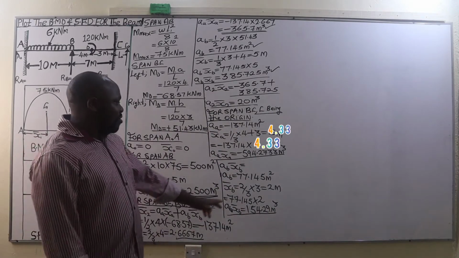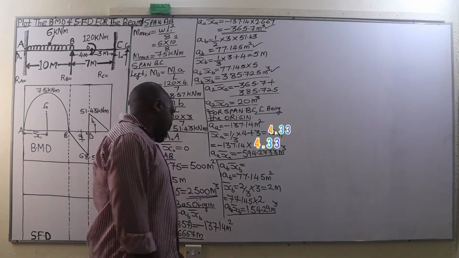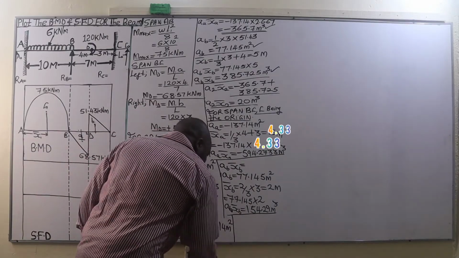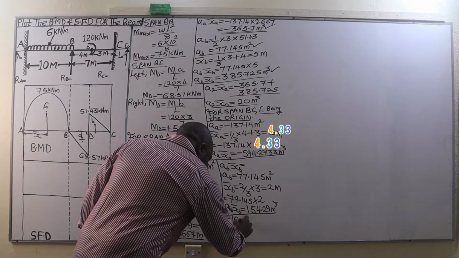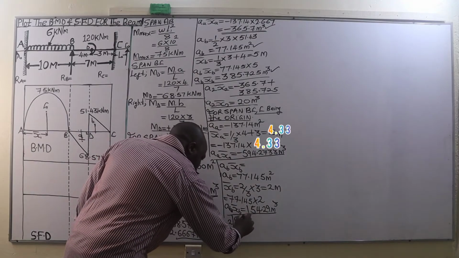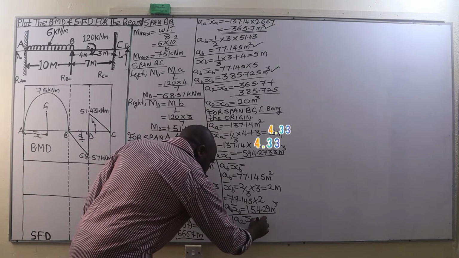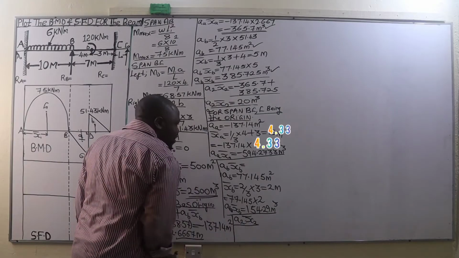Then from there, we are going to add these two values together. So we are going to determine A2 by X2 by adding the two values together.